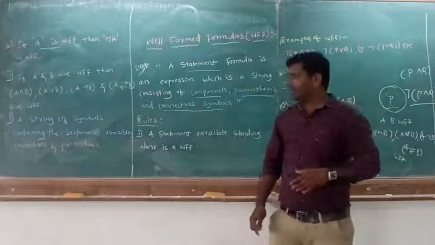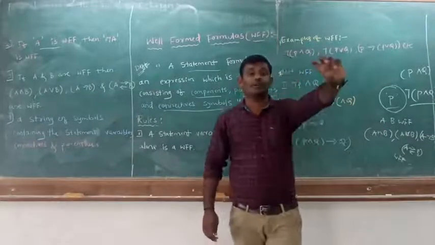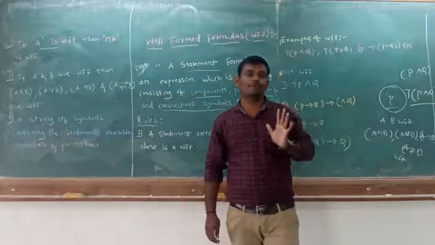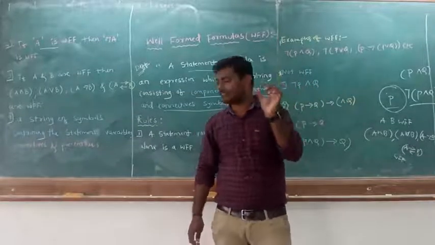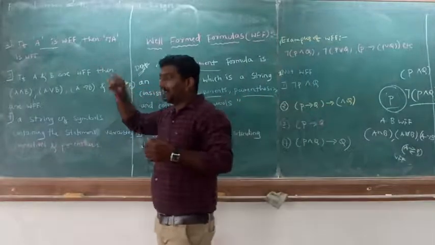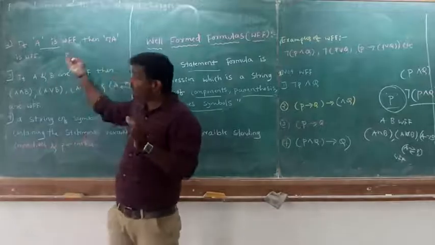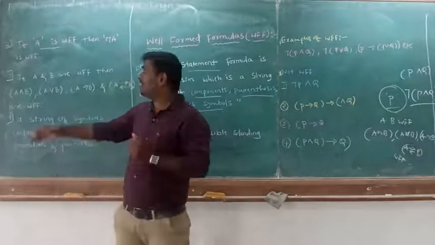First rule: a variable standing alone. So a single primary statement is also called a statement formula, and that is also a well formed formula. Second rule: if any statement formula is a well formed formula, then its negation is also a well formed formula.